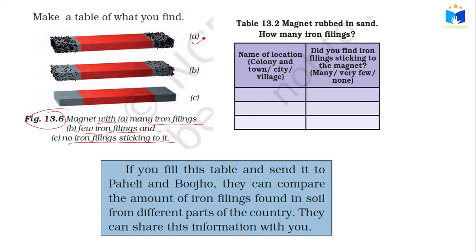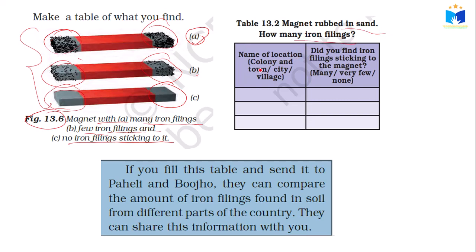In A, many iron filings are sticking to both sides. In B, we can see few iron filings attached, and in the third one there are no iron filings sticking to C. So this is the difference of the magnet when we rub it into the soil. Okay, magnet rubbed in sand, how many iron filings?